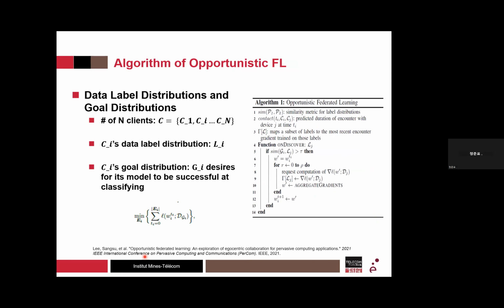And this is the algorithm of opportunistic federated learning. The clients are denoted as the set C, and client i's data is denoted as L sub i.